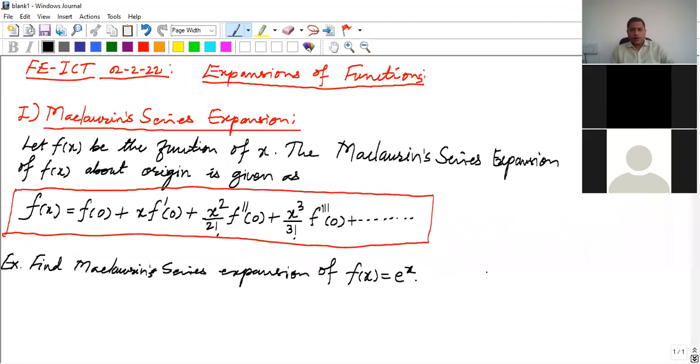Okay, so a simple function we have. We'll try to find what is the series expansion for this function e raised to x.